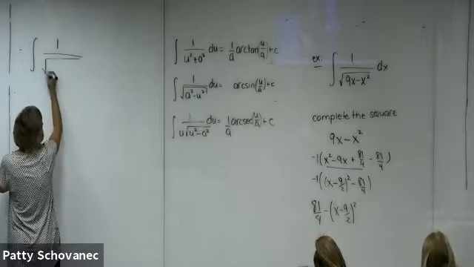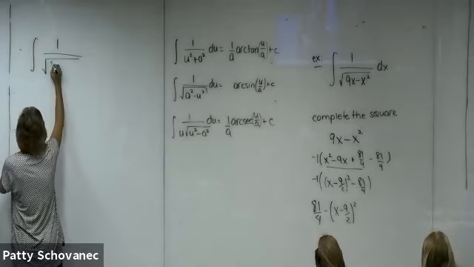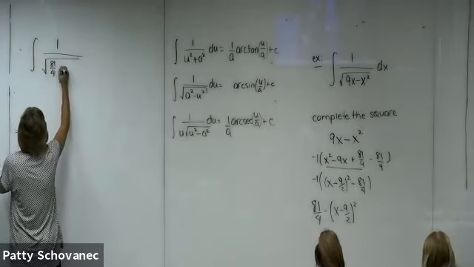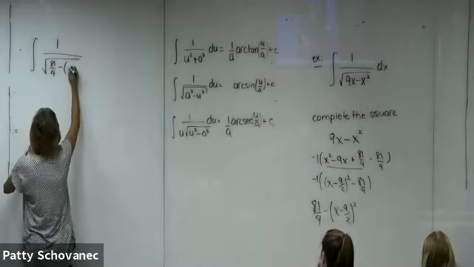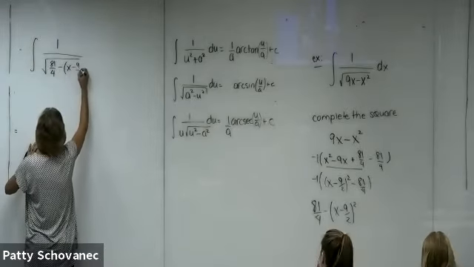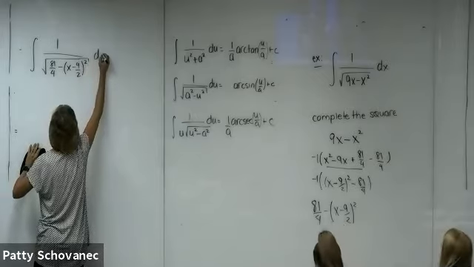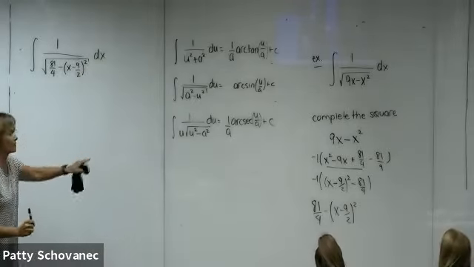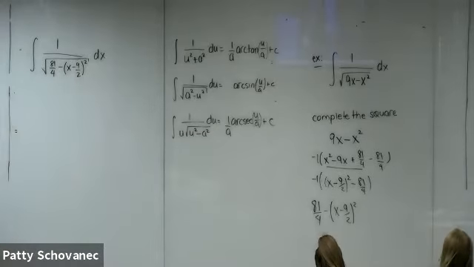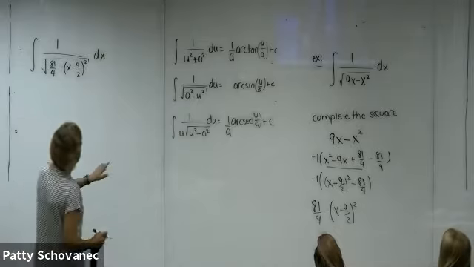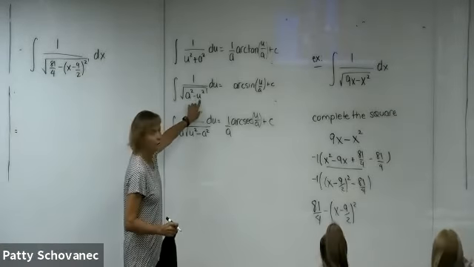I have 81 over 4 minus x minus 9 halves all squared right there. Does that remind you of any of the formulas that I've written next to it? Which one? A squared minus u squared, where u is the variable.